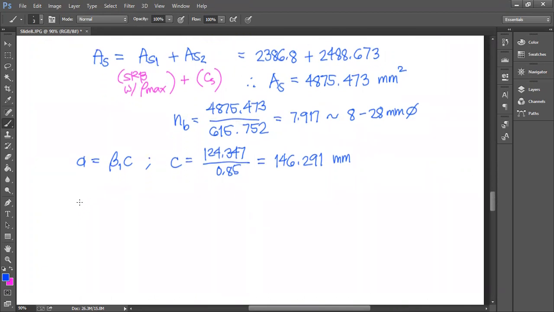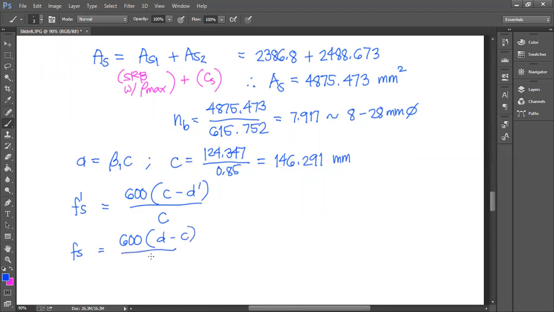Therefore, in this case, pwede nating makuha ngayon yung value ng F prime S and Fs. Wherein F prime S is equal to 600 multiplied by C minus D prime all over C. And yung Fs natin is equal to 600 multiplied by D minus C all over C.